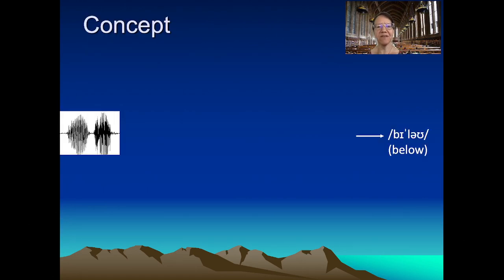So the basic idea of the speech recognition or speech-to-text transcription process involves going from a waveform like we have on the left to a word-level transcript like we have on the right.